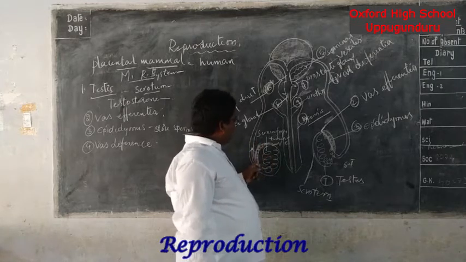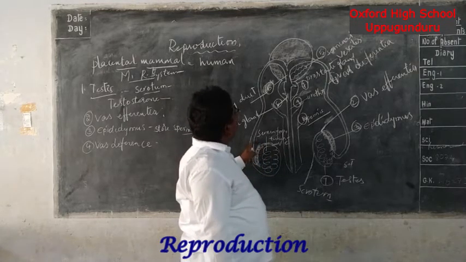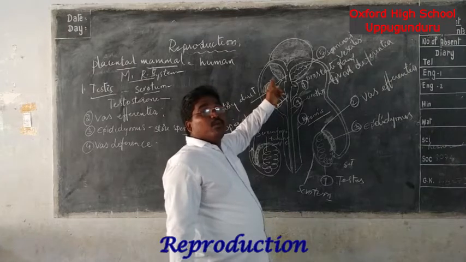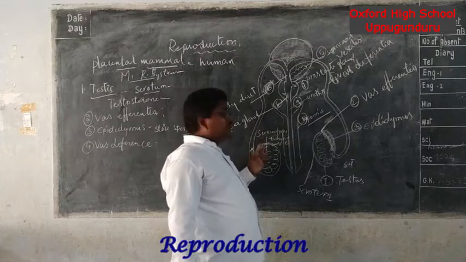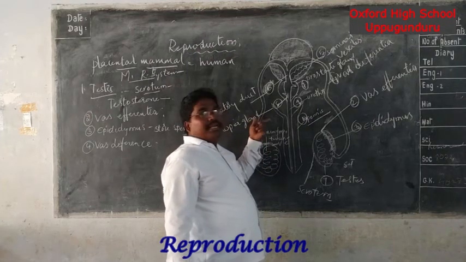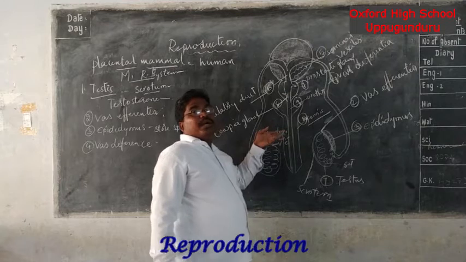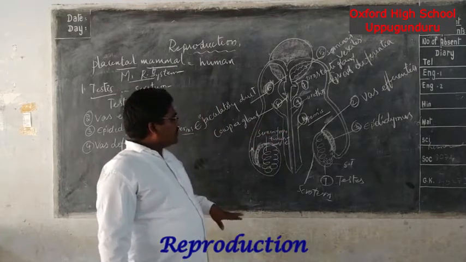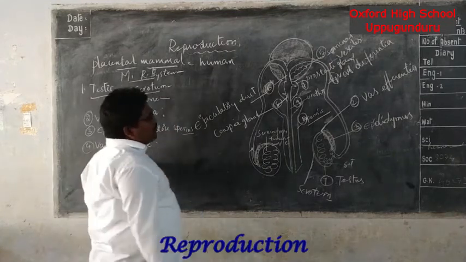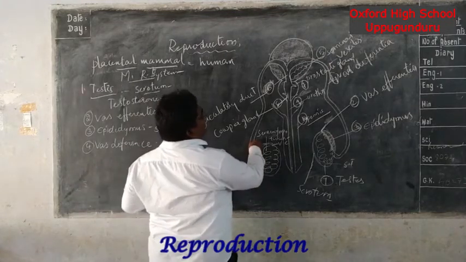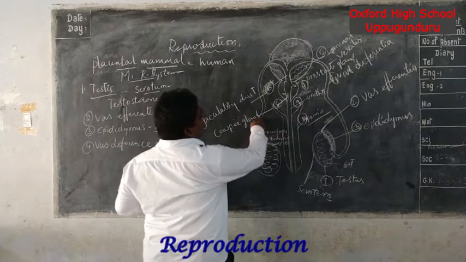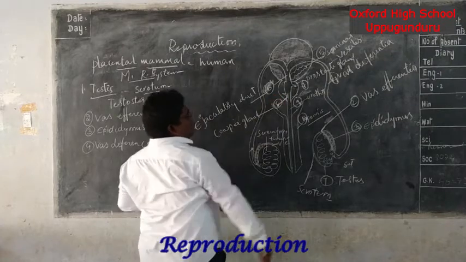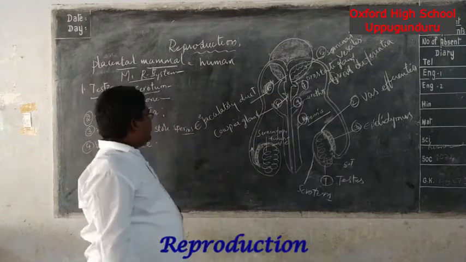Look carefully. From each epididymis, a vas deferens arises, which ascends into the body along the ureters. Next one.